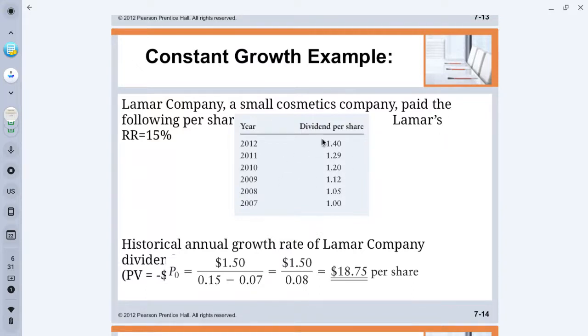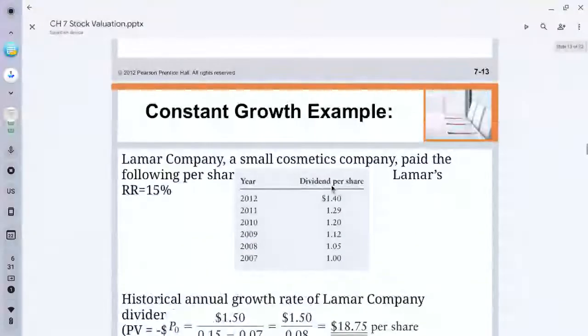And then again, you can tell over the last 5 or 6 years, they paid. The dividend has been growing, but of course it's been uneven. But we know how to even it out.